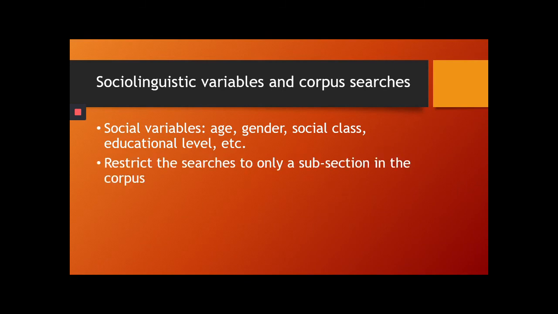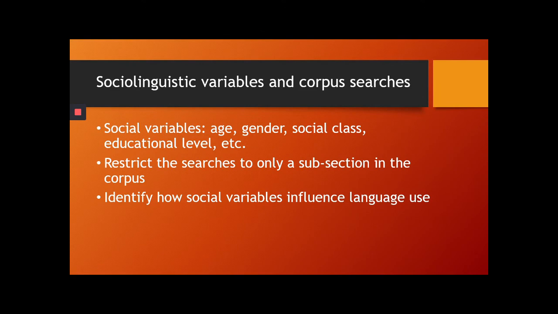In this case, you may want to limit your search to a specific subsection of a corpus to investigate how social variables influence language use. To do this, we need the restricted query function, and this is the topic for this video. So, let's get started.